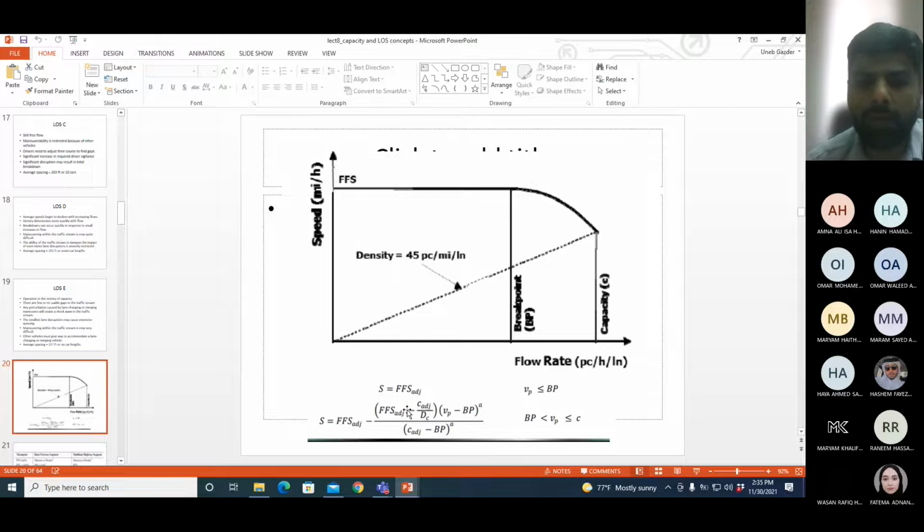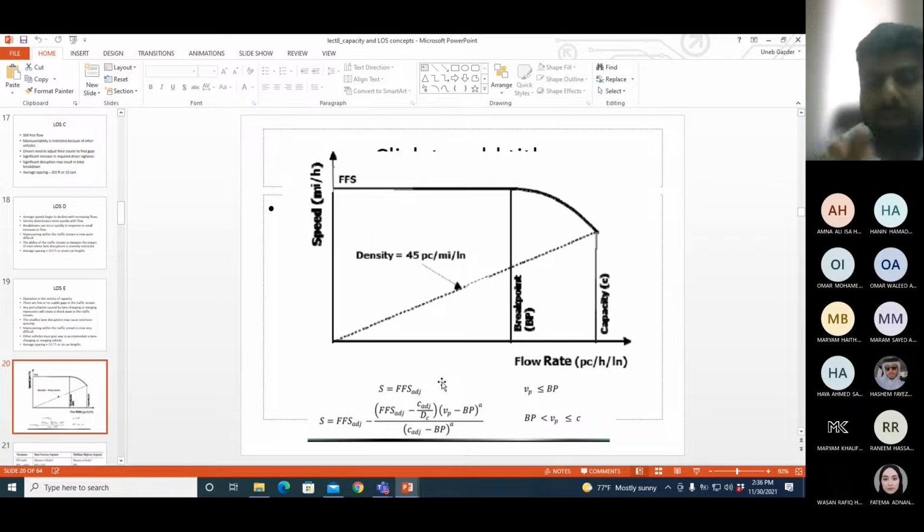Okay, so a couple of important points. Now you can see with FFS, free flow speed, and with capacity, there's a subscript given, ADJ. ADJ stands for adjusted. Once you measure the free flow speed, or you can also calculate the free flow speed, both things are correct, but either you measure it or calculate it, then you have to apply some adjustment factors. Why? Because of the base conditions.